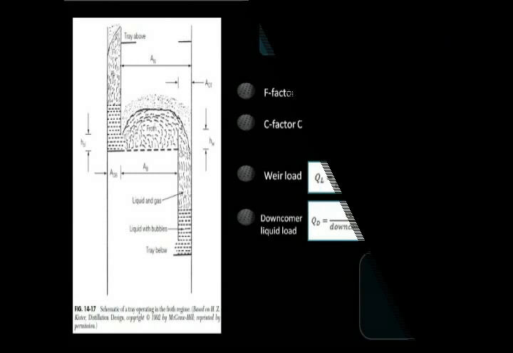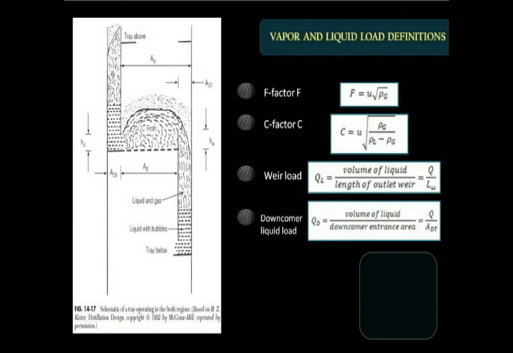For the vapor and liquid load definitions, we have F factor, C factor, weir load, and downcomer liquid load. F factor is the square root of the kinetic energy of the gas. The velocity in the equation is usually based on the total tower cross-sectional area, net area, or bubbling area.